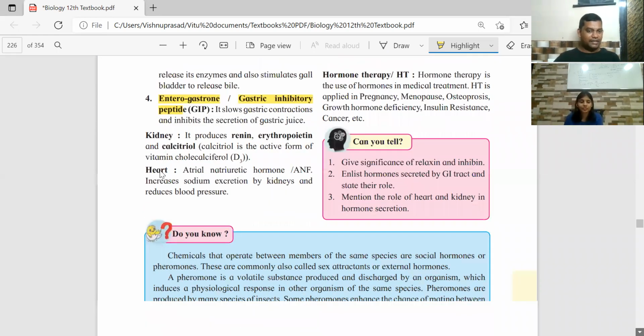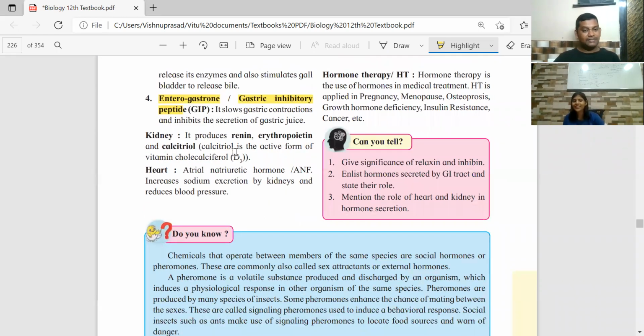Then we go to the kidney. The kidney also produces hormones: renin, erythropoietin, and calcitriol. Now see the name erythropoietin. You recollect erythropoiesis.